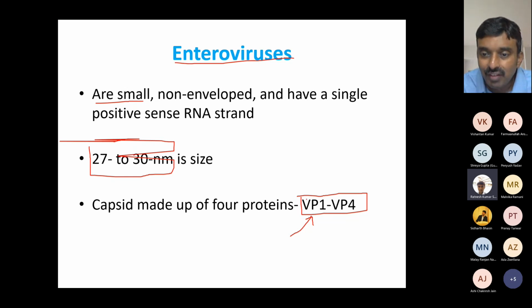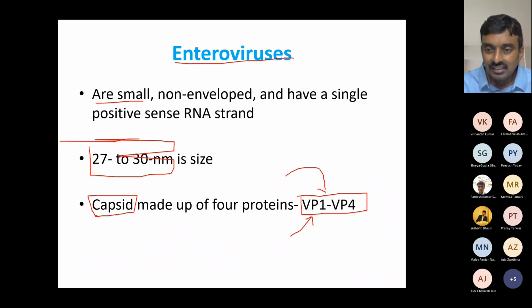Now, VP stands for virus protein 1, virus protein 2, virus protein 3, etc. And typically, capsid proteins of all viruses are labeled like this. They're just called virus protein 1, 2, 3, 4, and so on. So that's just a common theme that will recur among all viruses.